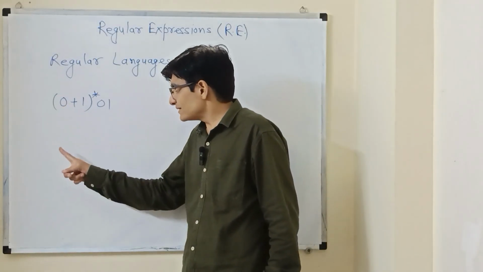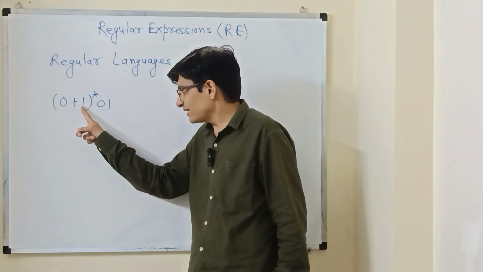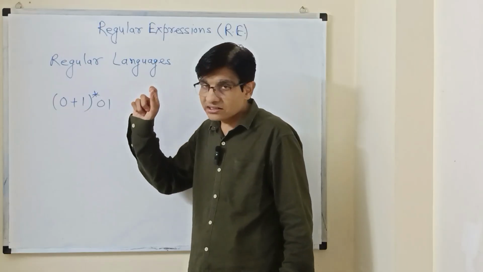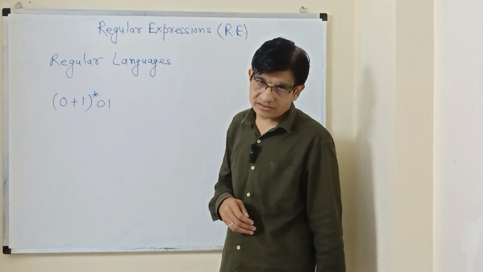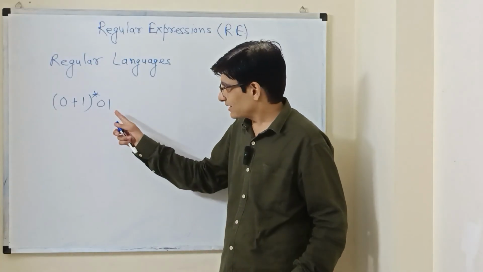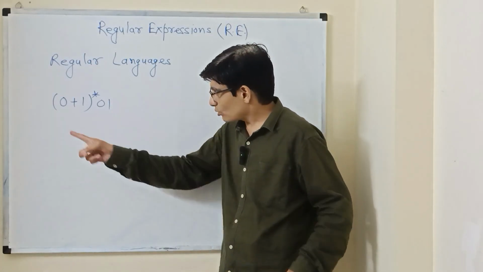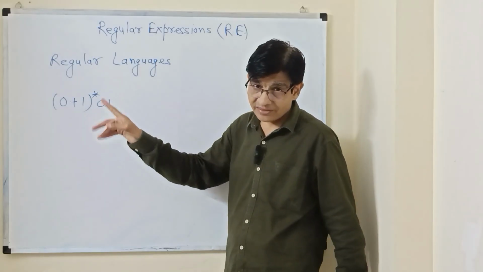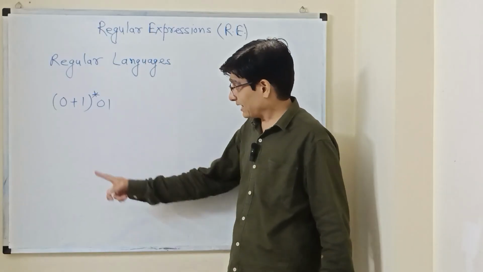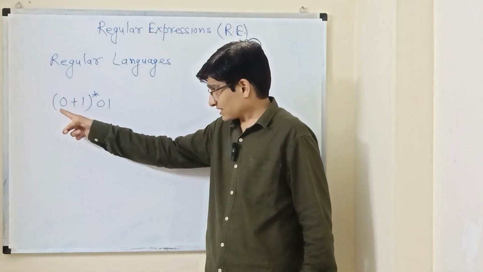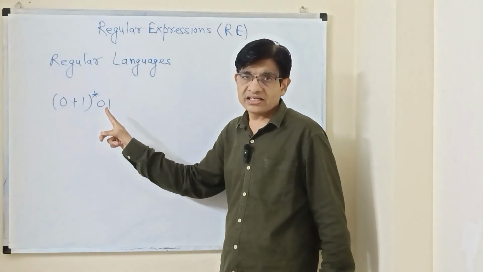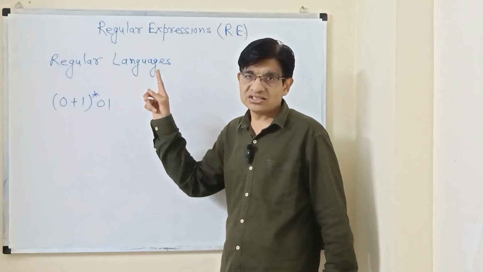Only two symbols are there in this regular expression, 0 and 1, and some operators we have used here. Like this you can represent any language, and this regular expression represents all binary strings ending with 01.